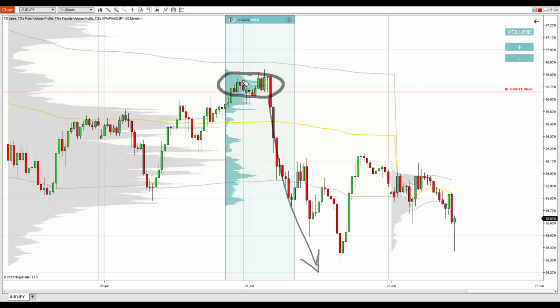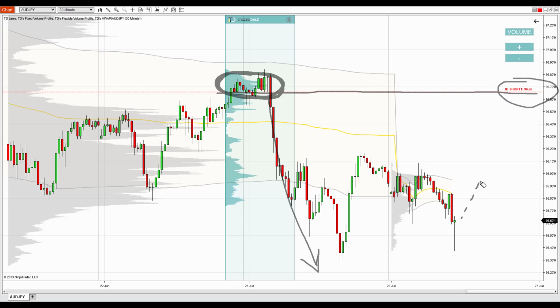So this is telling us that strong sellers were building up their short positions in this rotation, and then they pushed the price aggressively downwards. This is the beginning of that rotation with heavy volumes, and it is at 96.66.